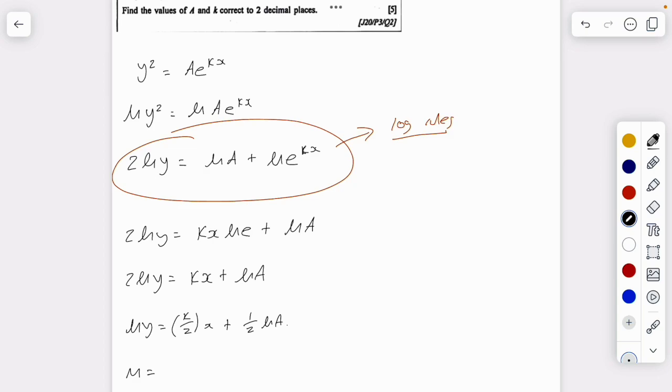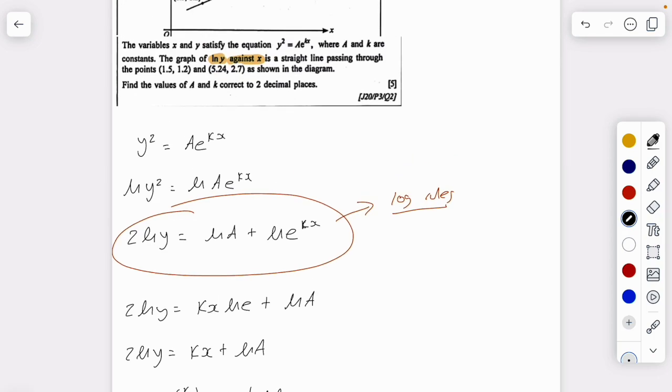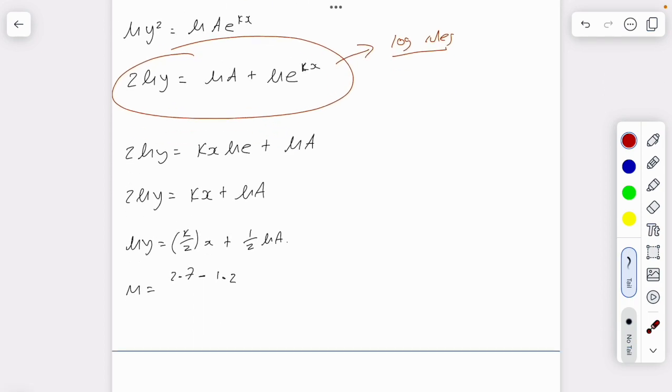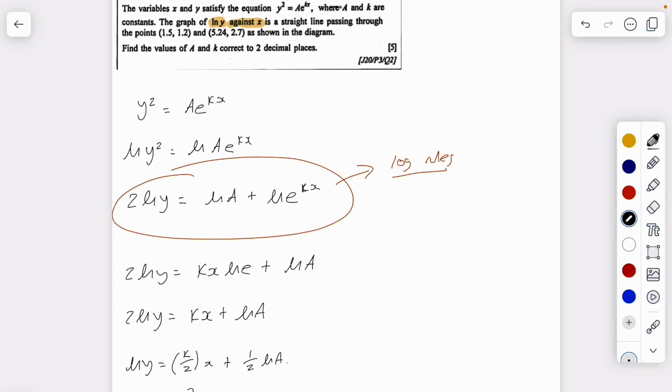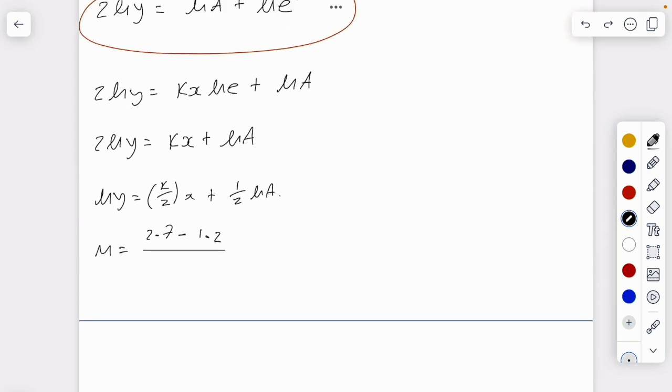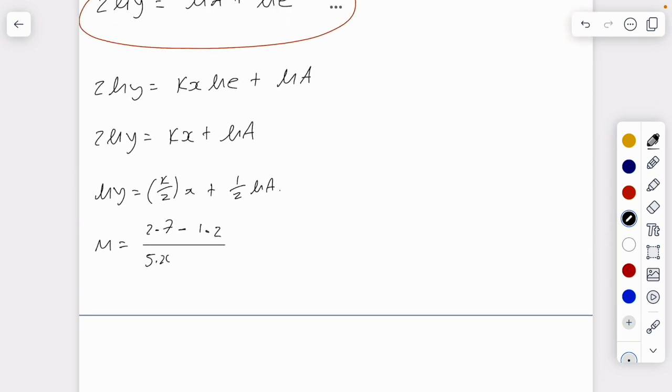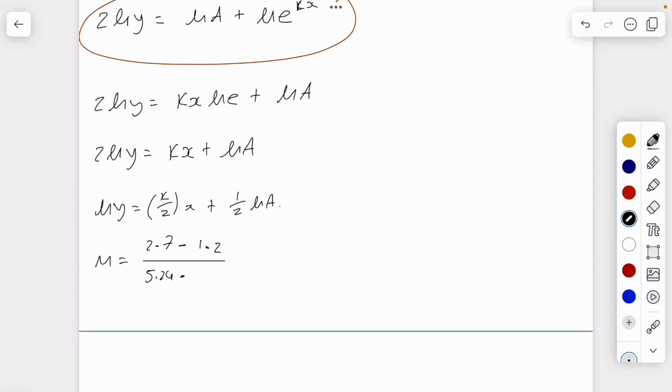So the m is going to equal 2.7 minus 1.2, y1, y2, over 5.24 minus 1.5, x1, x2. 5.24 minus 1.5.